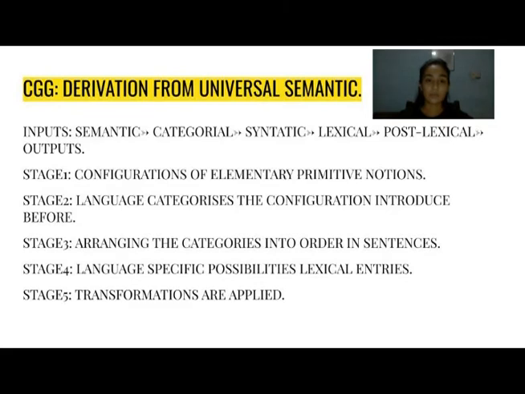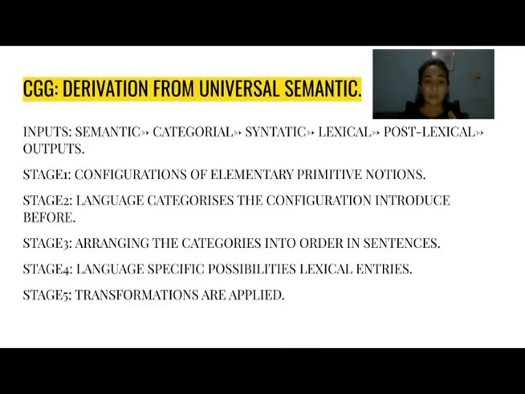Okay, according to the first stage, we can say that it consists of configurations of elementary primitive notions such as agent, patient, and all sorts of specification of location in time and space. Here the accent is on language neutrality. No language is excluded because none is included.